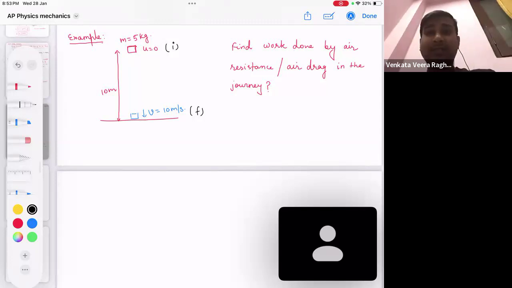Now that change in kinetic energy, we have to relate it with the work done, isn't it? So please tell me what I will write. K final minus K initial equals work done by all. Can you tell me what is the work done by all? Gravity is there, and what else is doing the work here? Gravity and air resistance are the only ones doing the work.